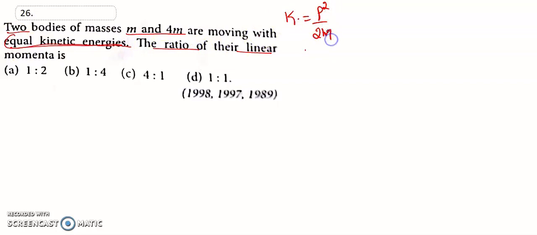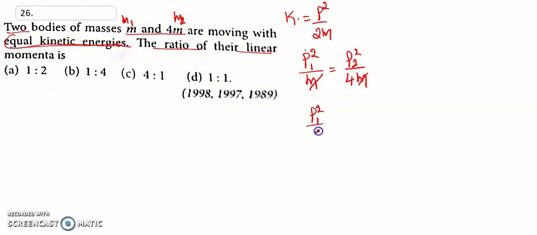This is the relation. Then P1 square divided by m1 is equal to P2 square divided by m2, which is 4m. So m gets cancelled.